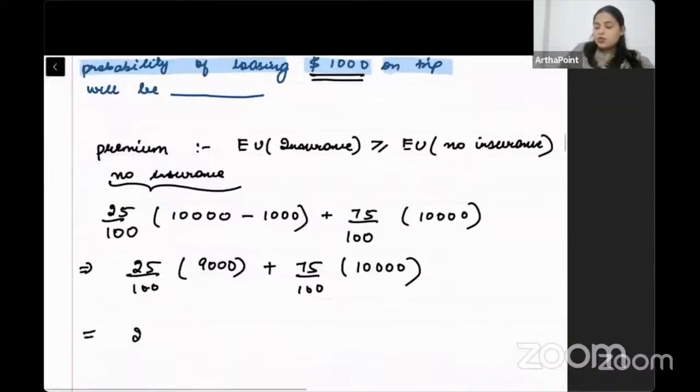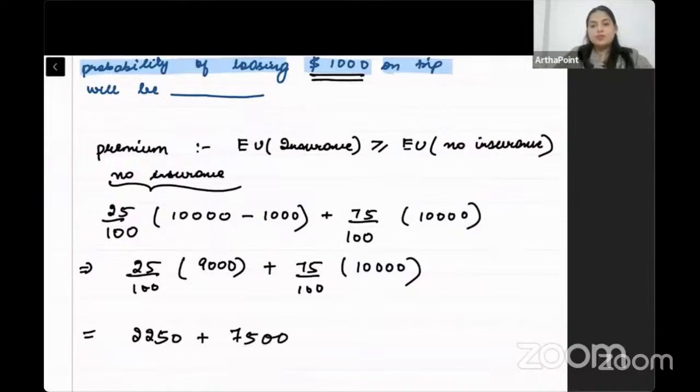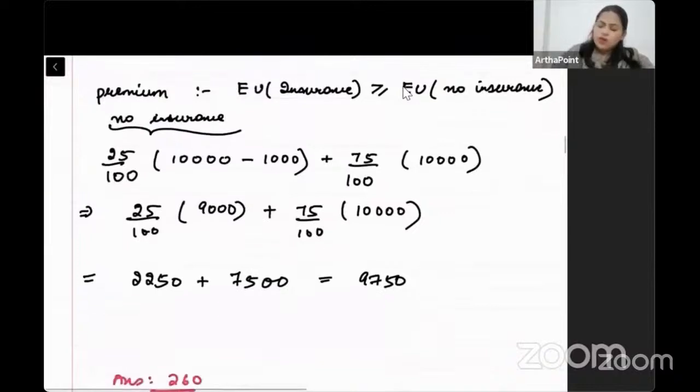Beta, this will be 2250 and this will be 7500. Correct. This will be 9750. So his wealth, when he does not buy insurance, is going to be 9750. So what will be his expected utility in that case?